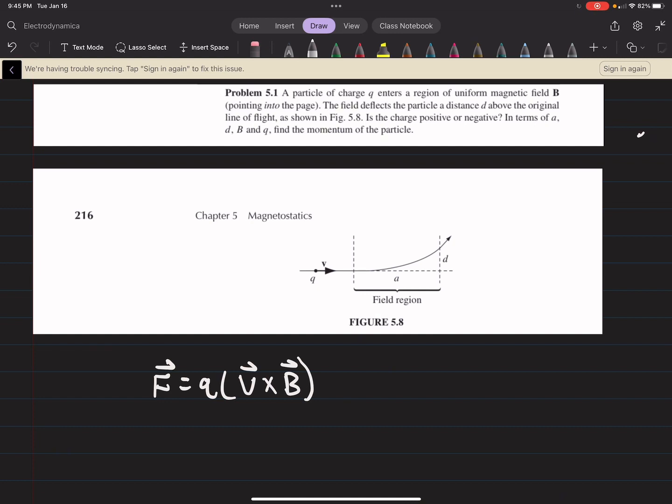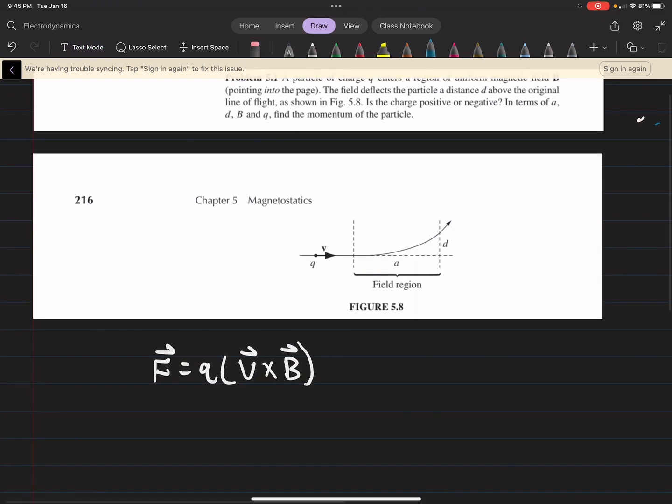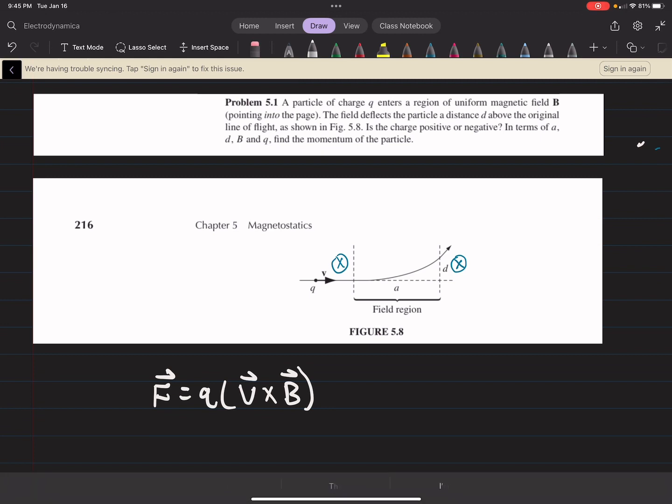That's just a right-hand rule. And remember that the magnetic field is pointing into the page. Sometimes they're denoted like this if it's going into the page. So you put your right fingers along the direction of V, and then you want to curl it in the direction of your magnetic field.